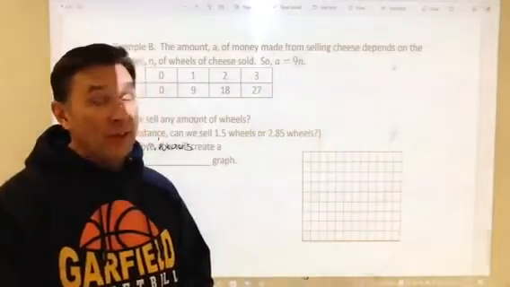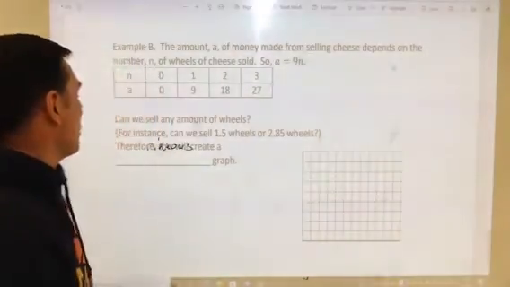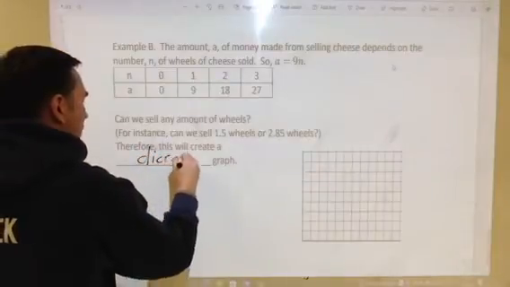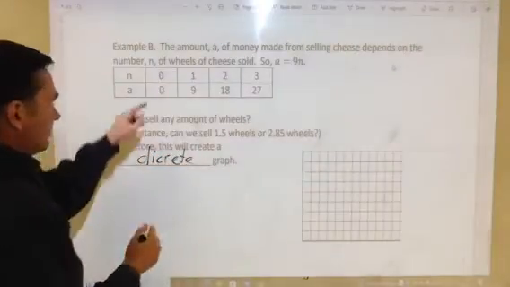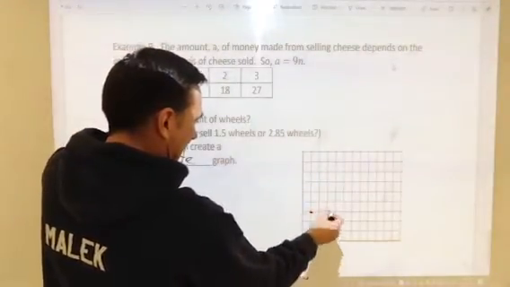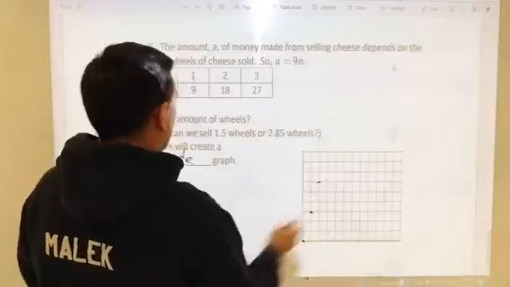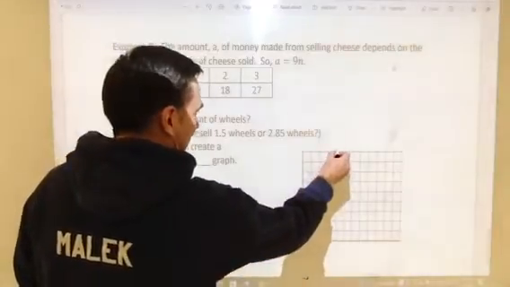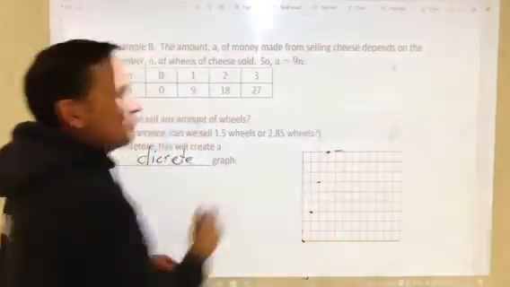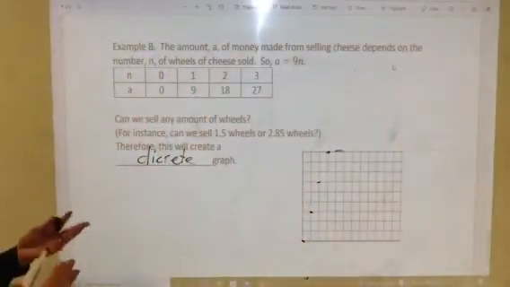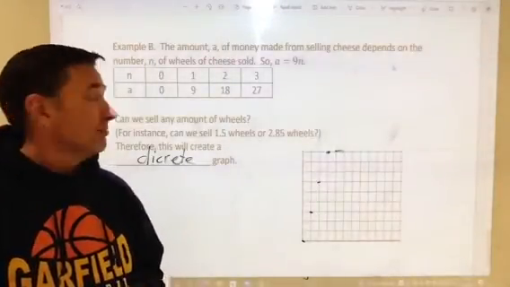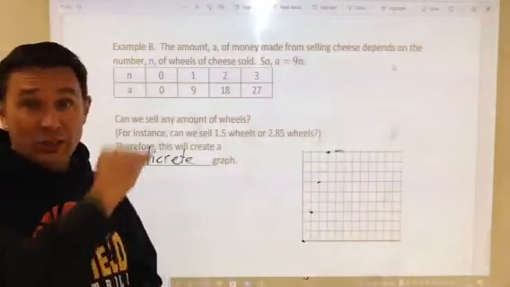You either buy the whole thing or nothing at all. That is why this would be a discrete graph, and we would just represent it with various points. For instance, at 0, 0, and at 1, 9, and at 2, 18, and like 3, 25. We cannot connect these points because we can't buy or sell 3.5 wheels of cheese. It's either 3 or 4. It kind of jumps that whole thing.